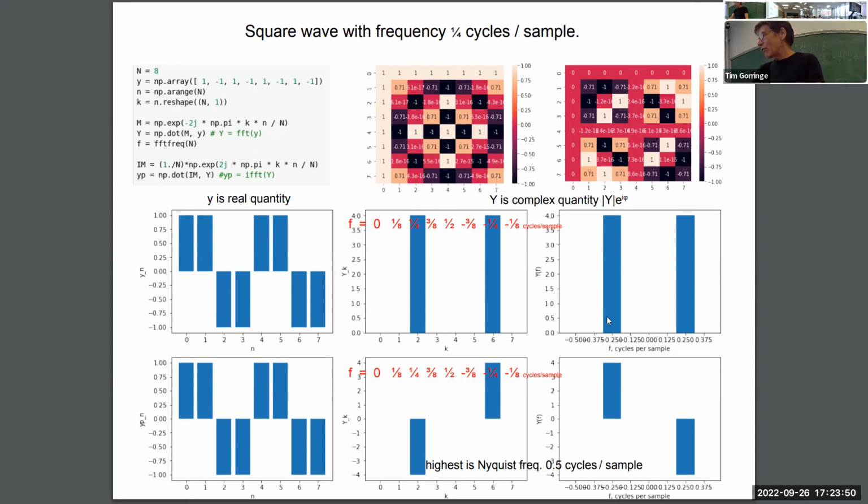There's this mathematical fact that you've got positive and negative frequencies. For us, that doesn't really matter. We got one frequency that is 0.25 cycles per sample. And that's what we expect because our period is 4 samples, so we expect a frequency of 1/4 of a cycle per sample. So hopefully that makes sense.